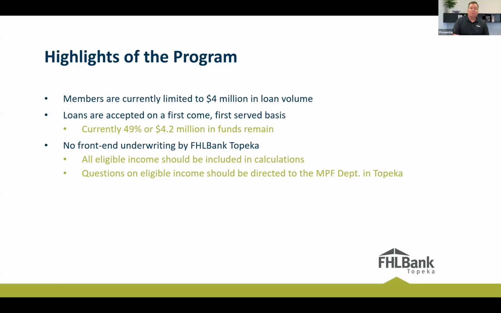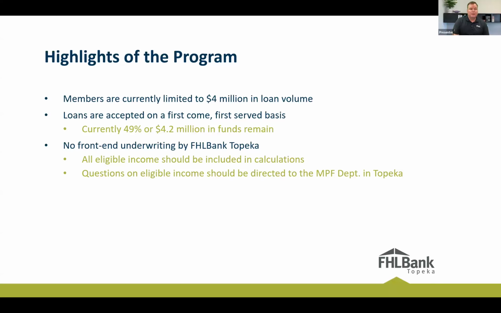We already have about 5 to 6 institutions that are capping out at that $4 million. But the good news is, as you can see here, as of to date, 49% of the money is still available, roughly, a little bit over $4 million. Based on yesterday's activity, probably a little less than $4 million is available.